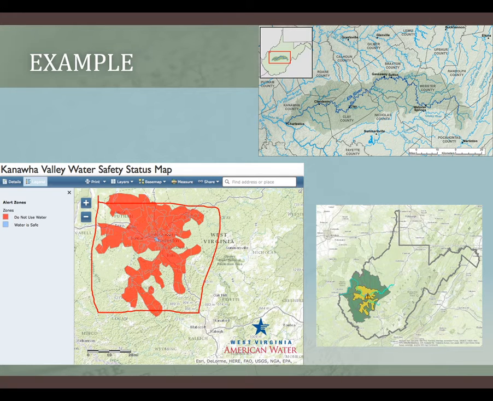And a map gives you an idea of how far the spill spread and who is affected by it. This is the kind of spatial analysis that we do a lot, and you can see how important GIS is to exactly know who was affected by that spill.